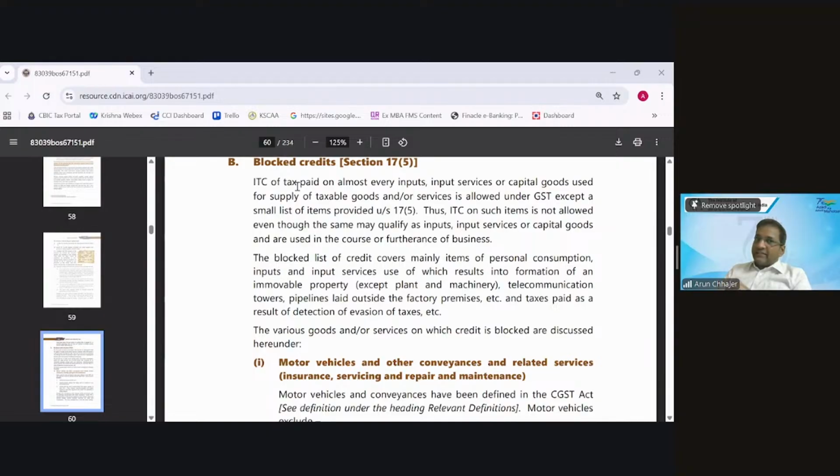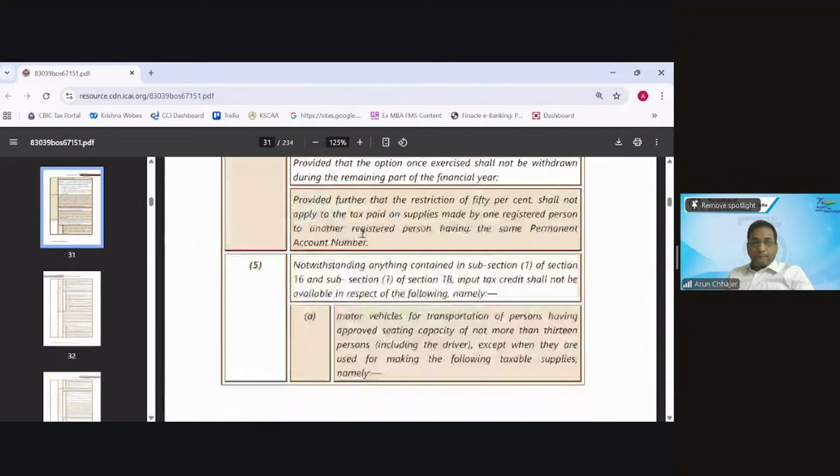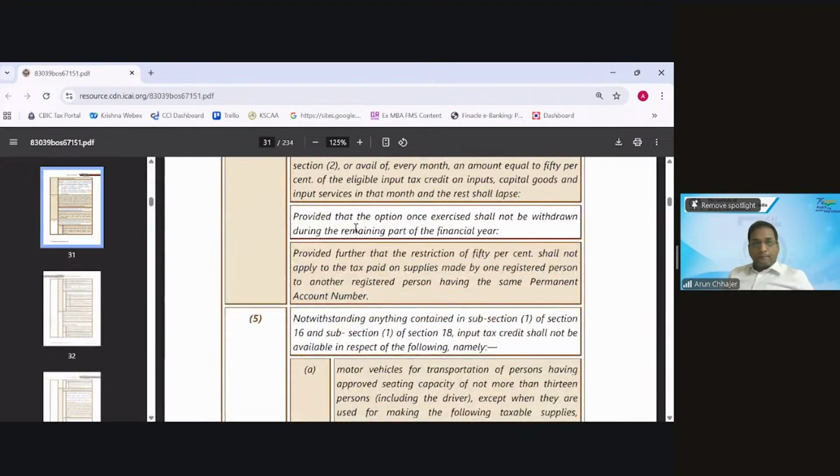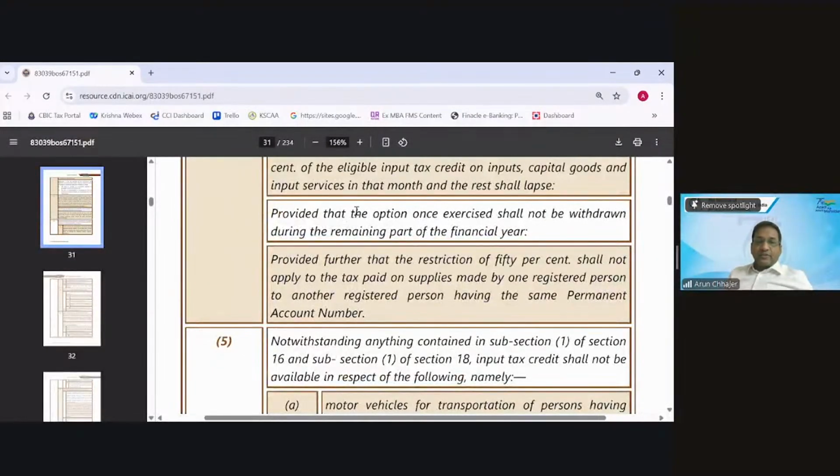Will you allow me to take ITC up to 13-seater? The answer is no. Therefore, we can say that under 17 subsection 5, ITC is blocked even if it is for furtherance of business.